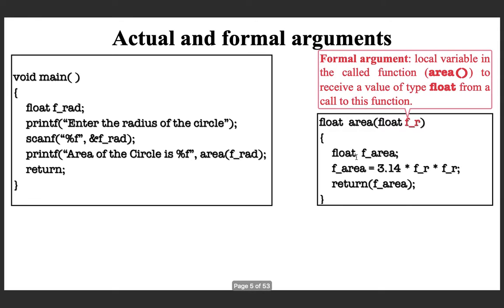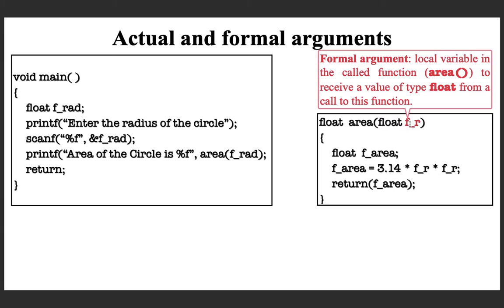And here this argument which is used in the definition of the function is called formal argument, which is a local variable in the called function. Here the called function is area and the calling function is main.